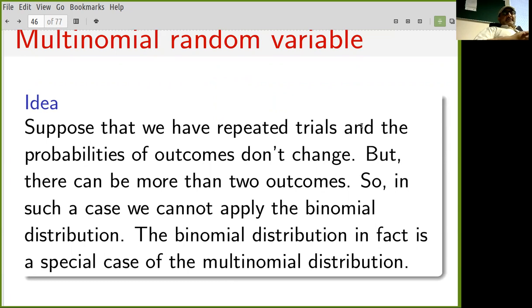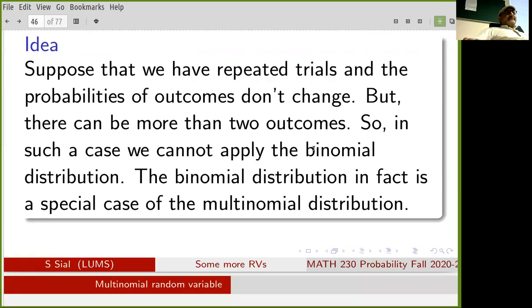So then the binomial distribution will not work. The binomial distribution is in fact a special case of the multinomial distribution that we're going to talk about here.